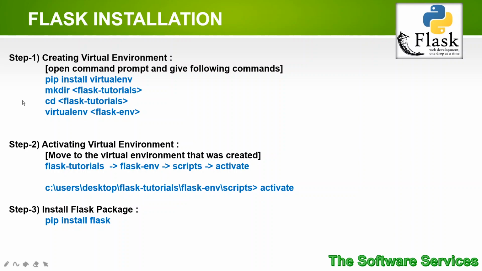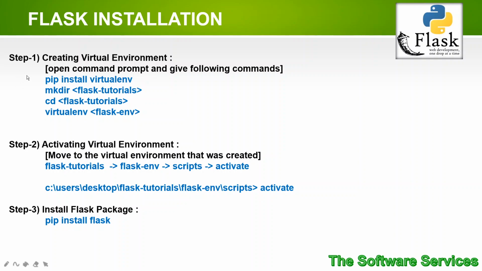Now I am going to step 1, that is how to create this virtual environment, friends. Open the command prompt. You need to install Python on the system before moving to these next steps. Keep that in mind. After installing Python and adding the path variables to the environment variables, only then do these commands work.